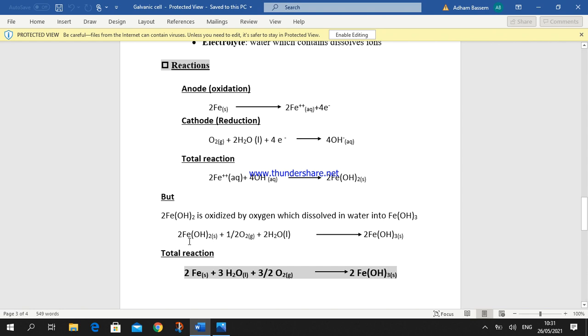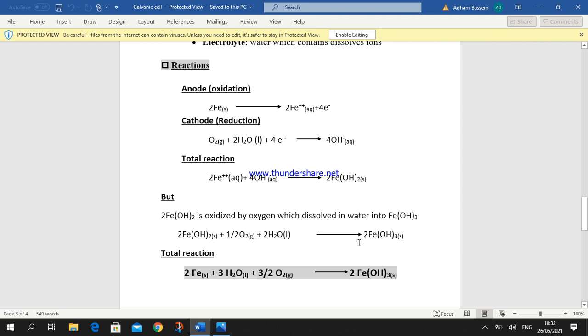The ferrous hydroxide reacts with oxygen in the presence of water and produces ferric hydroxide, Fe(OH)3.